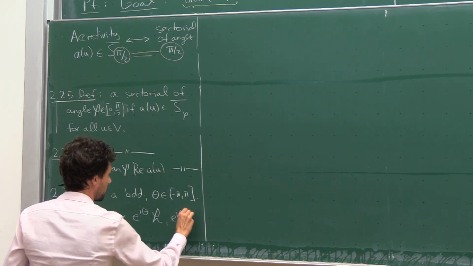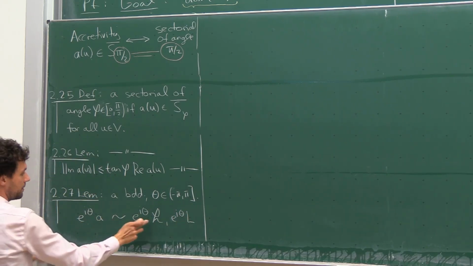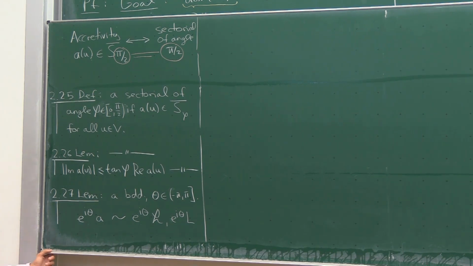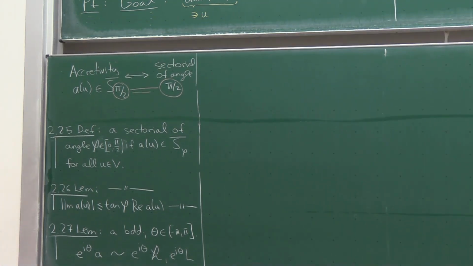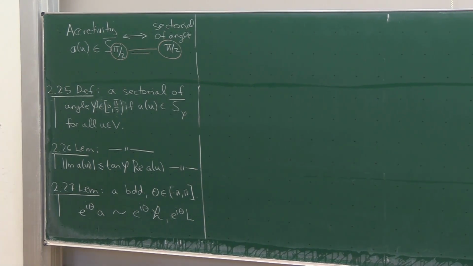Okay. This you can just prove by basically writing out what that association is, and then it's more or less the same proof as for the shifts of the form that I did earlier on in the lecture.